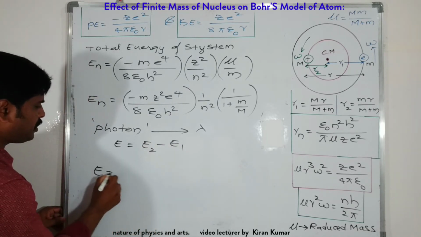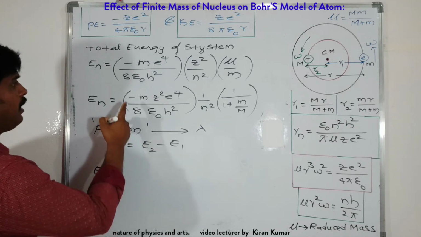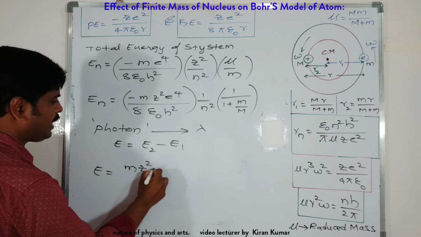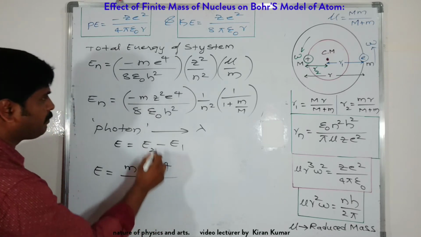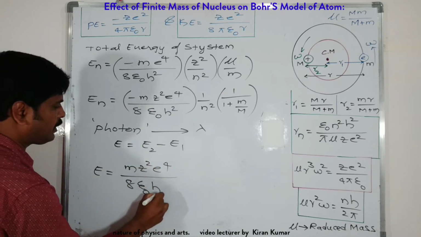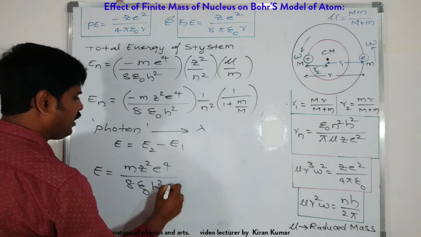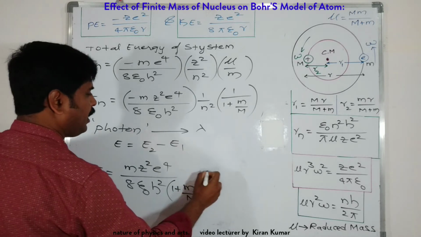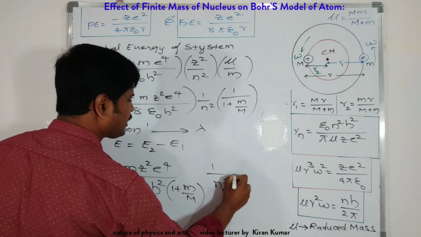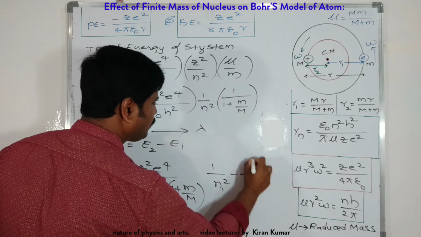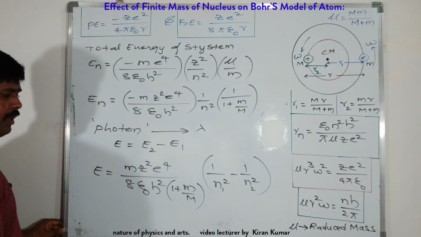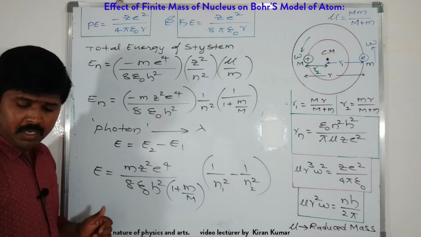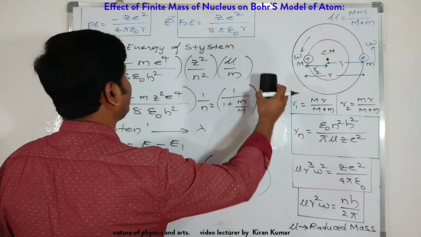So then E is equal to, as a continuation of the equation, m Z square e to the power of 4 divided by 8 epsilon naught h square, into 1 plus small m by capital M, into 1 by n1 square minus 1 by n2 square.